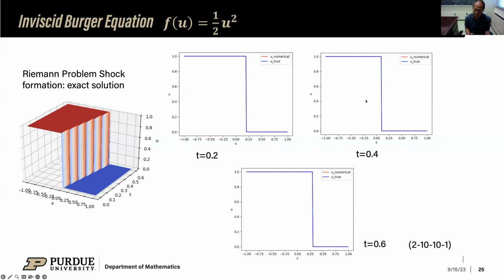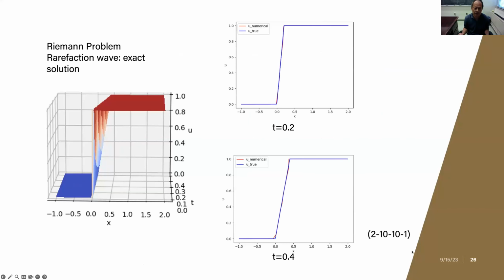There's no smearing, no oscillation, no overshooting, and the number of parameters is very, very small. Actually, for this simple problem we could reduce the size of the network more, but we didn't do that. So this is a rarefaction wave.